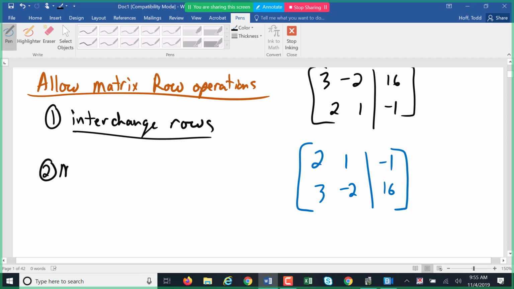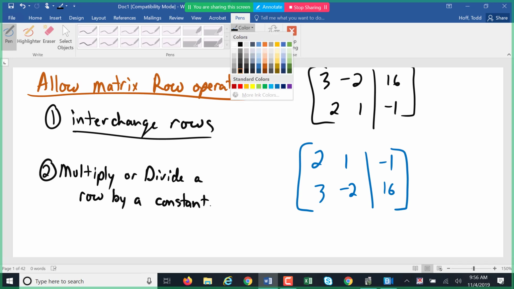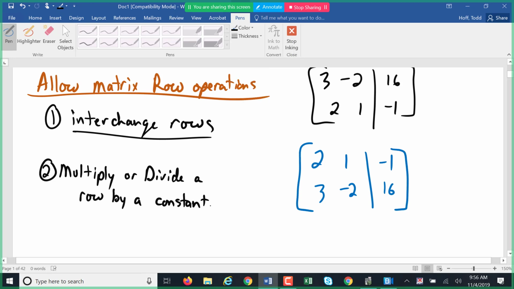We are allowed to multiply or divide a whole row by a constant. Remember, we've multiplied whole equations before.